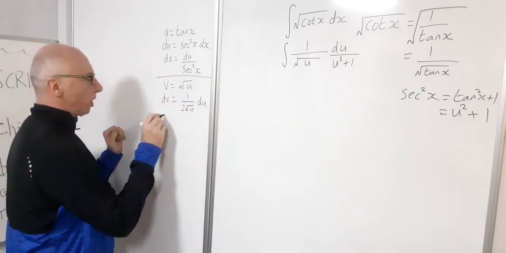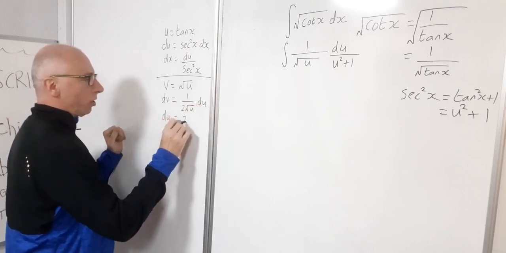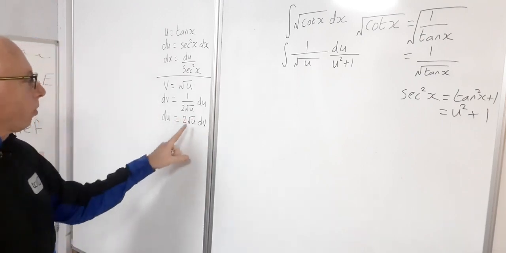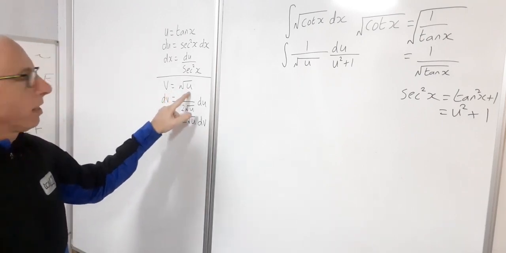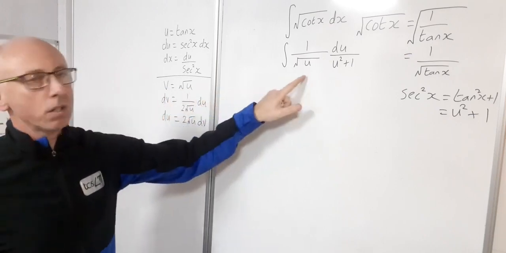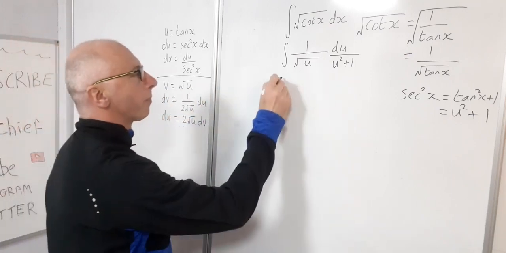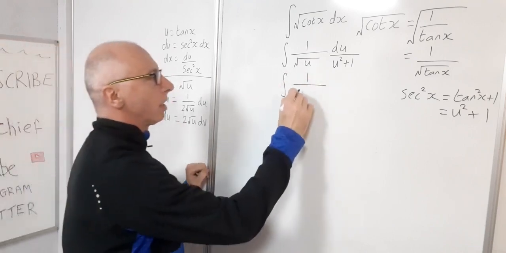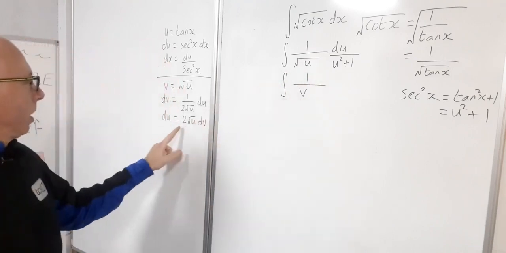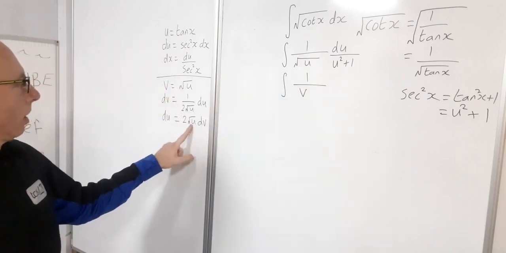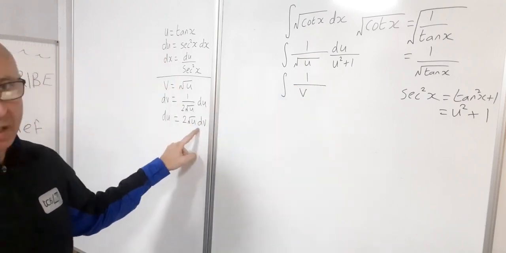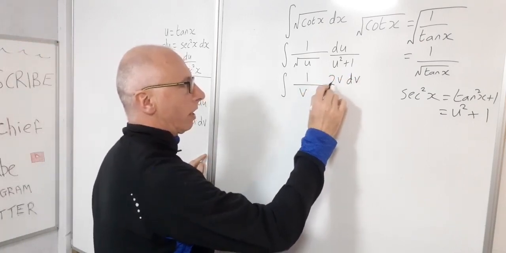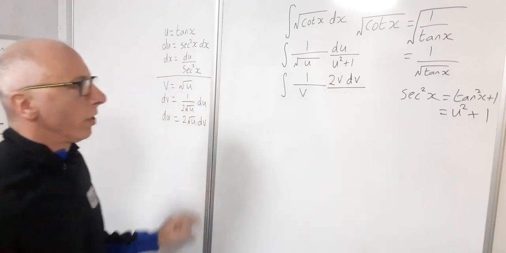And my du, which I need to get on its own, is just 2 times square root of u dv. Now square root of u, we know that is just our v. So we can take this completely into the v world. So 1 over square root of u, that's my v. My du is 2 square root of u dv, with square root of u being v, so that's 2v dv. So 2v dv, and then u squared plus 1.